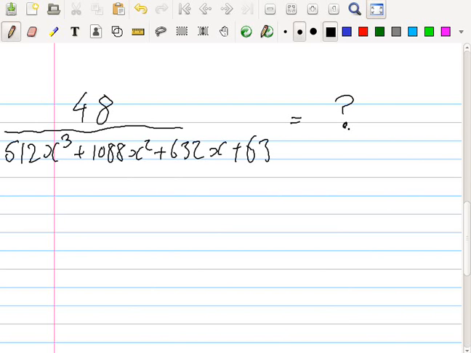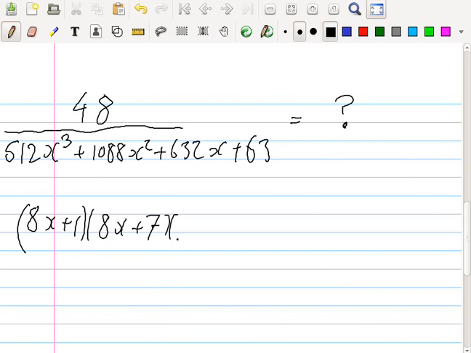So mode 5 4 does that. So 512, 1088, 632, 63. So my first factor, come on Faisal, is 8x plus 1. Then my second factor is 8x plus 7.